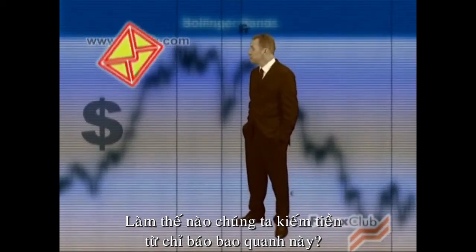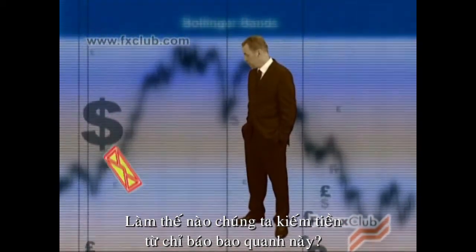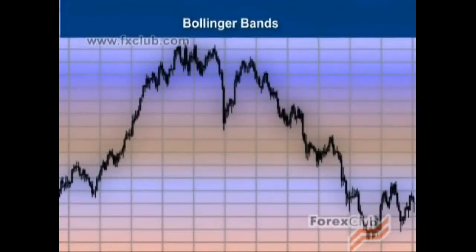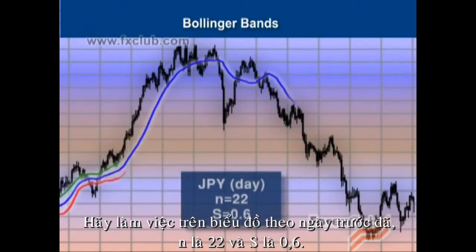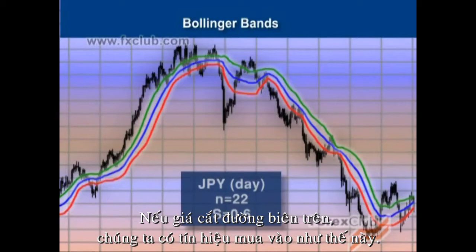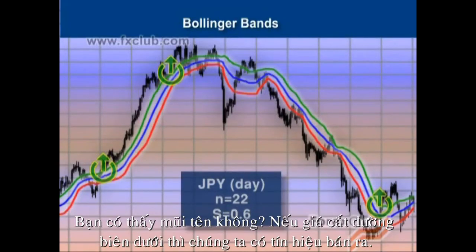So, how can we profit from this envelope indicator? Let's work on a daily chart first, with N set at 22 and S at 0.6. If the price breaks the upper line, we get a signal to buy, like this. Can you see the arrow? If the price breaks the lower line, we get a signal to sell.